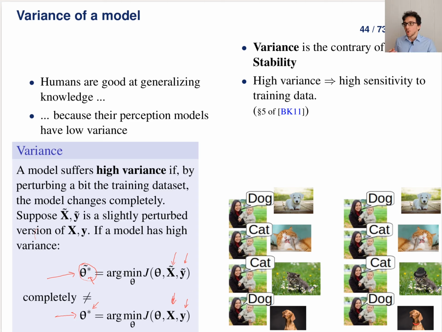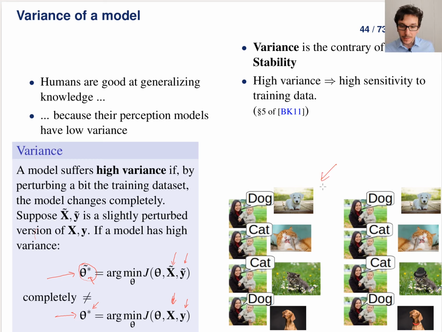Okay, so such a model with high variance is very bad because it's not able to generalize. Actually, it is just suffering from small deviations, and this is not how learning should be.